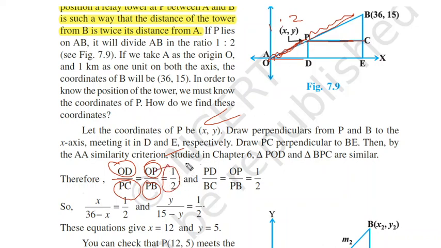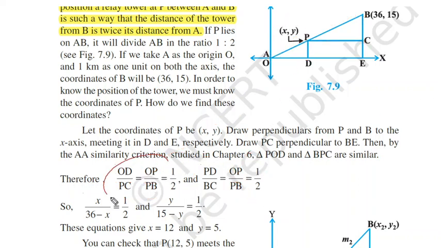Similarly, PD by BC will also be equal to OP by PB, and that is also equal to 1 by 2.